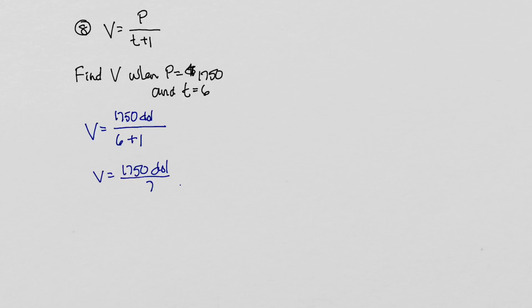So on your calculator, and I'll do it on mine, 1750 divided by 7 turns out to be $250. Right now it's still dollars. We still have the DOL. So what's the value of this machine? Now I'm not going to write it as V equals this. I'm just going to claim that it is $250.